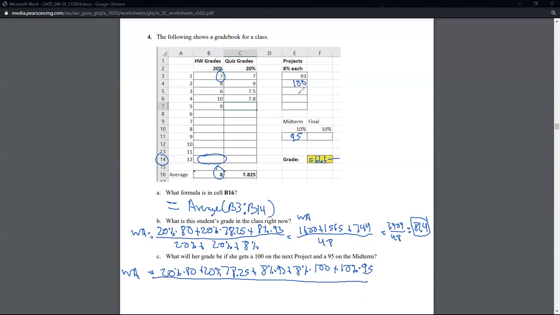All over, so we're still missing 3 projects, we're still missing the final. So this bottom is not going to be 100, it's 20 plus 8 with percents, of course. Sorry for the rushing, getting close to time. Now we also have the extra project, which was another 8%, plus the midterm, which was 10%.